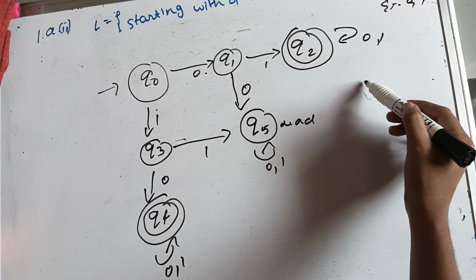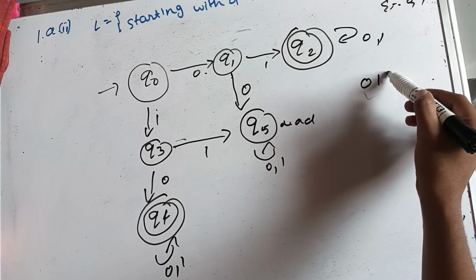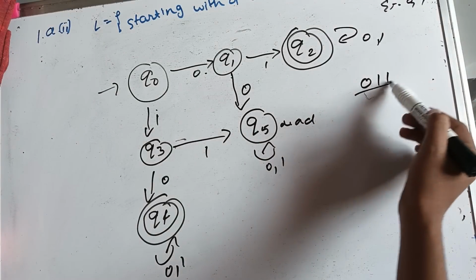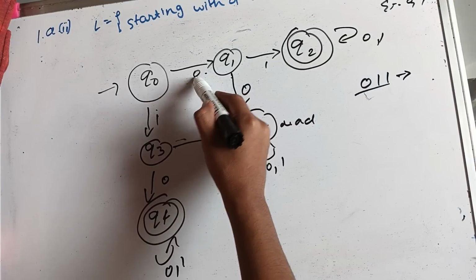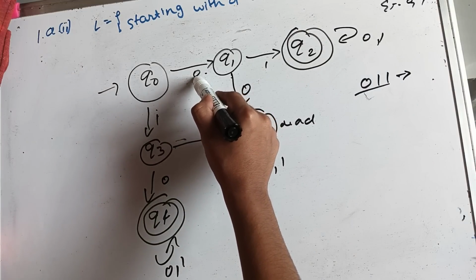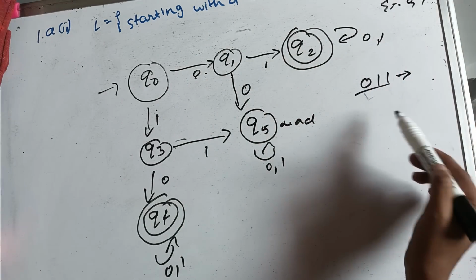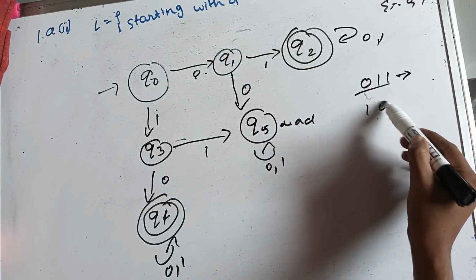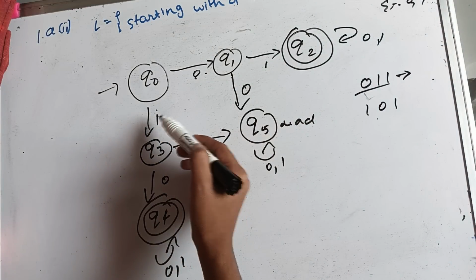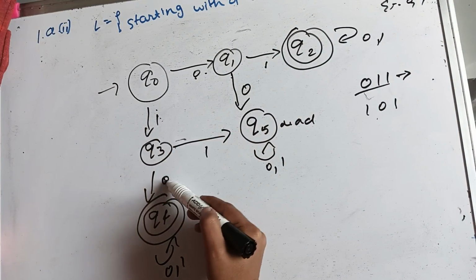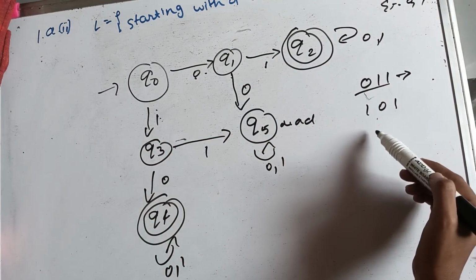Check starting with 0 1 1, whether this is accepted. Next 1, next any number of 1s this DFA is accepting. Next, starting with 1 0 1, here starting with 1 0, any number of 1s is accepted.